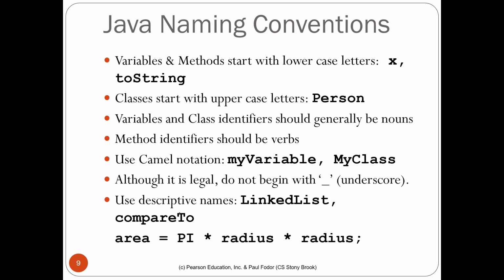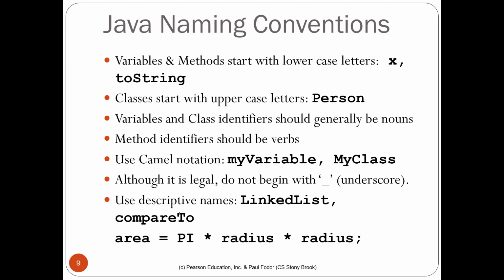So we did learn about the basic rules, like what is allowed in an identifier name and what is not. So now we have conventions. Conventions means the common practice that people follow in writing Java programs.